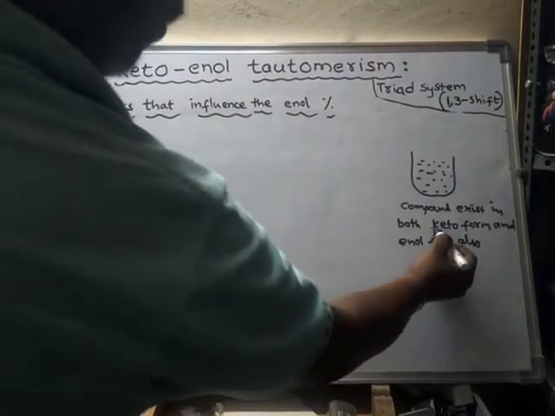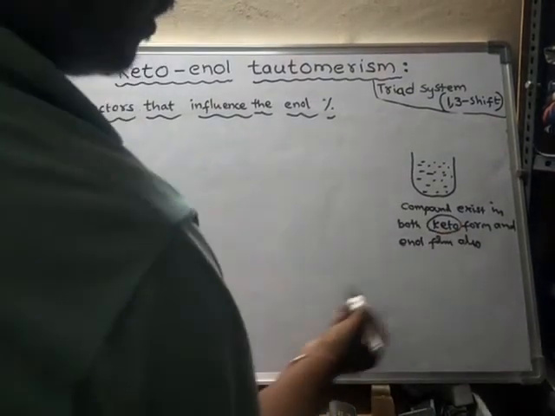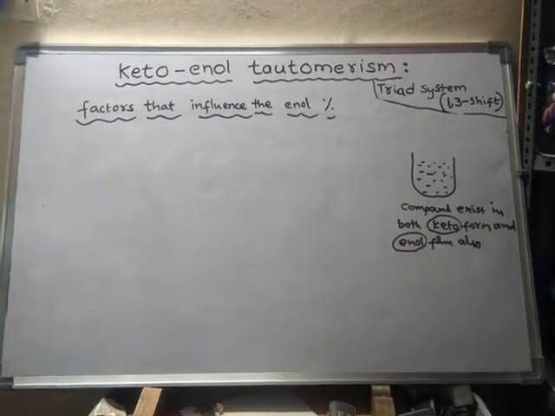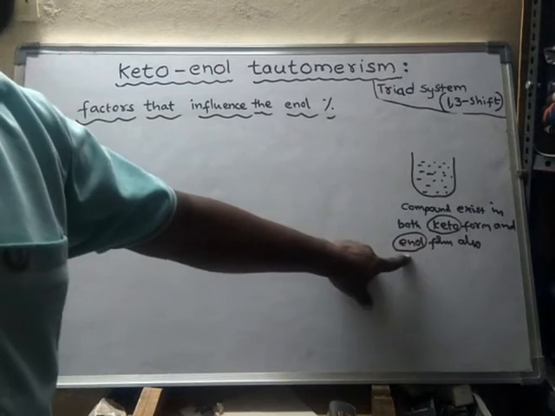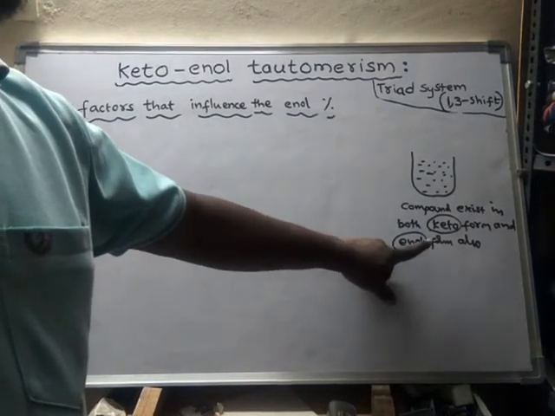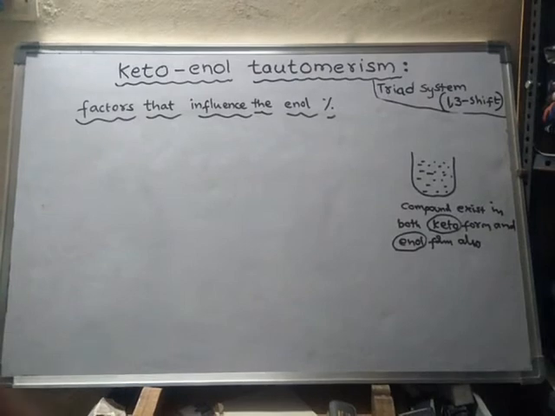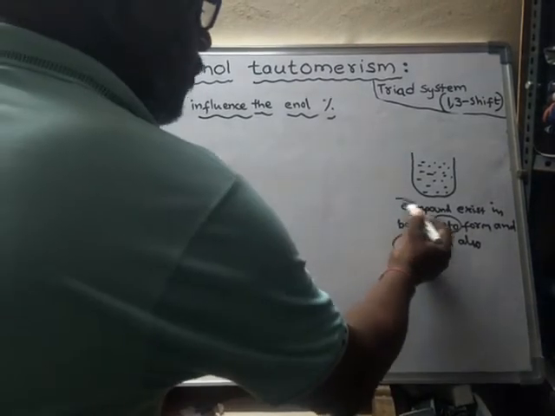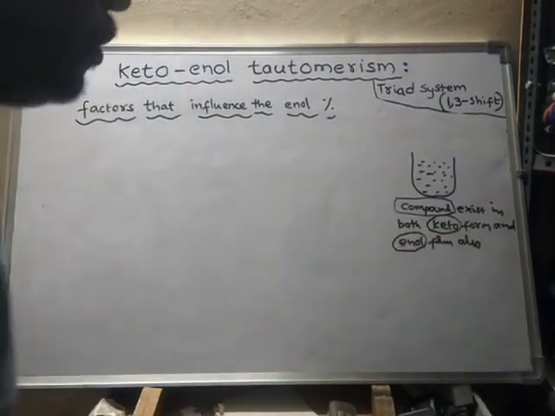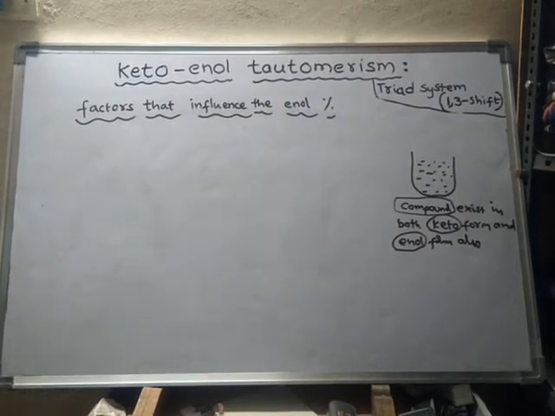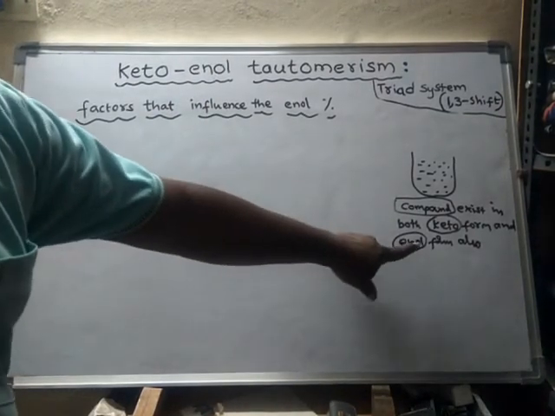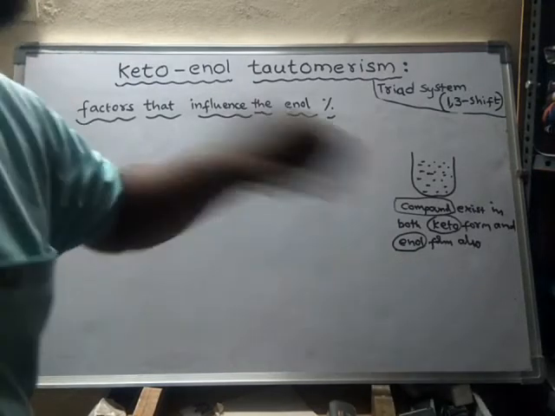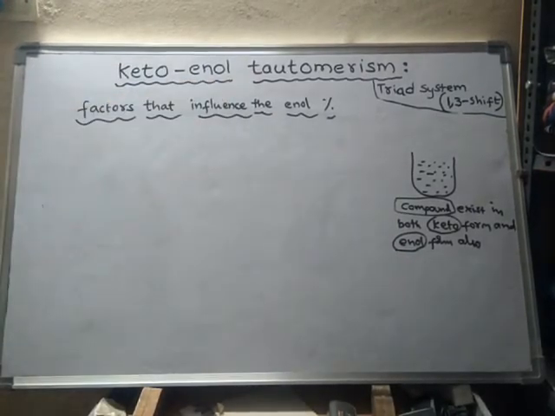But the keto form will generally be more than the enol form. Due to certain factors, sometimes the enol form will be more when compared to the keto form. So the compound will exist in keto form in more percentage in general, but certain factors will ensure the increase in the percentage of the enol form. So what are those factors?